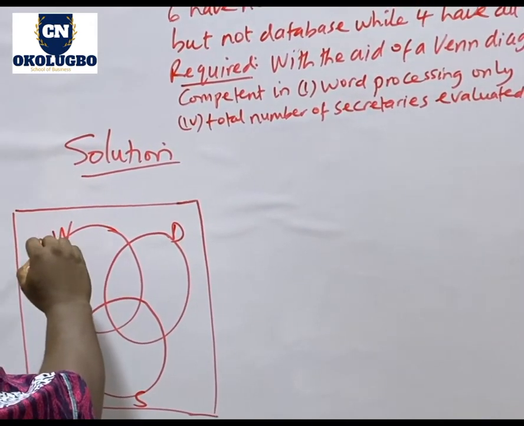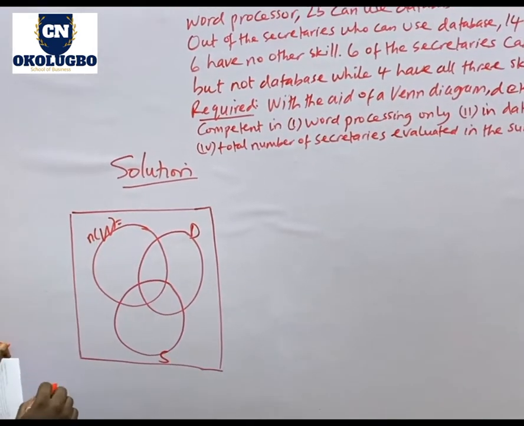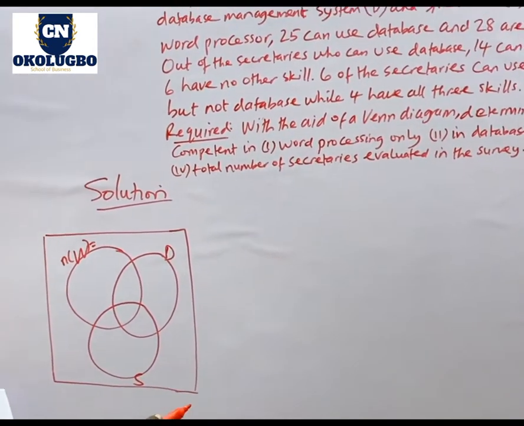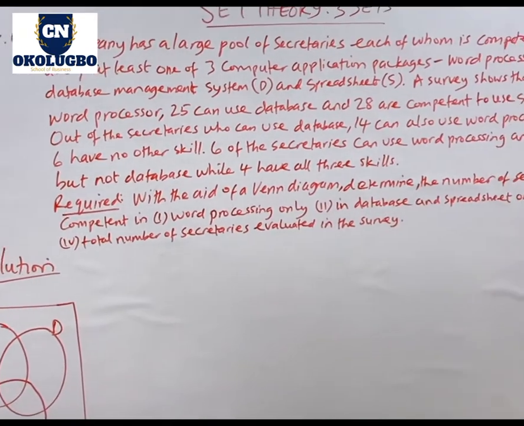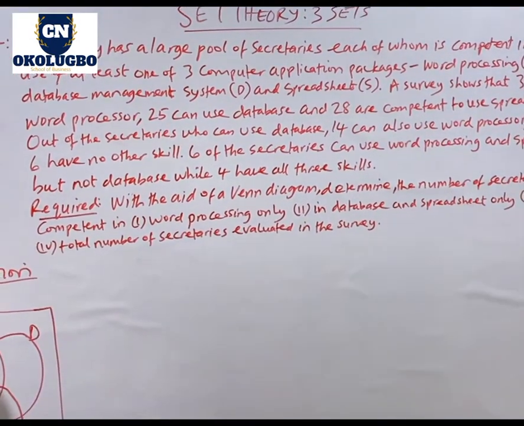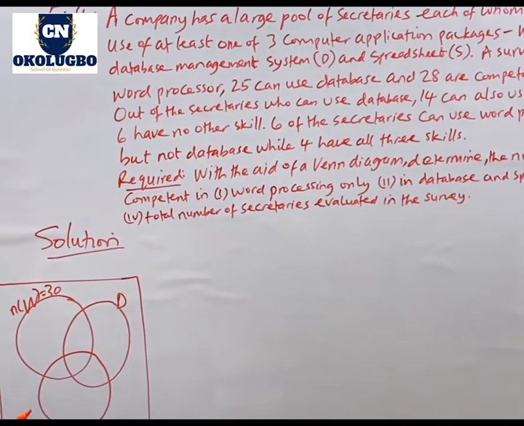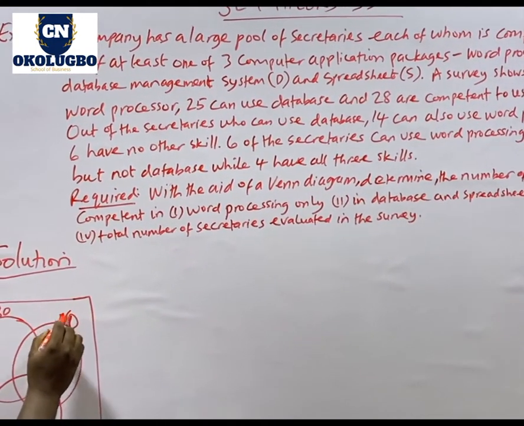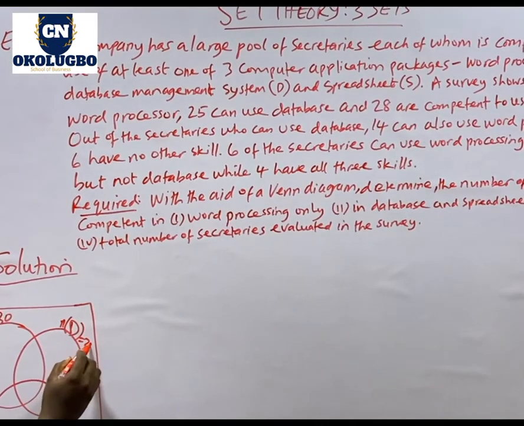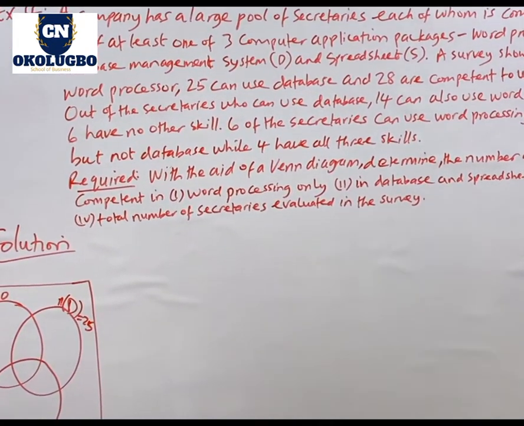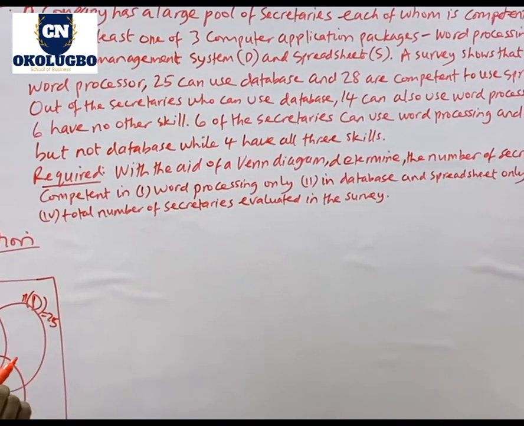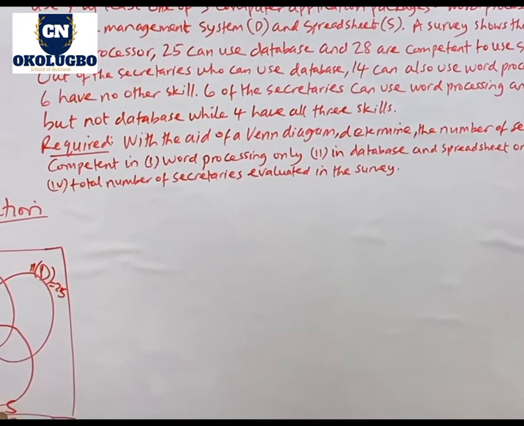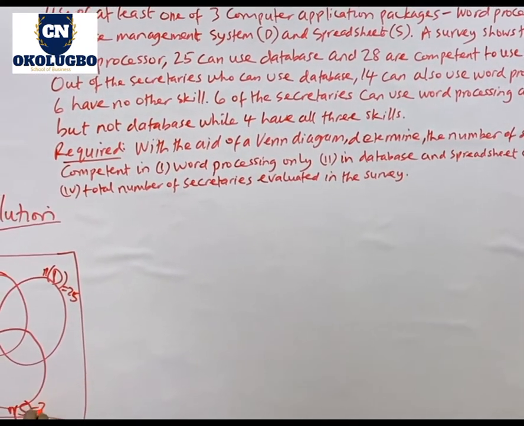We're given from the question that the number of those who can use the word processor is 30. So n of W, the whole word processor, is 30. 25 can use database, so n of D is 25, and 28 can use spreadsheet, so n of S is 28.